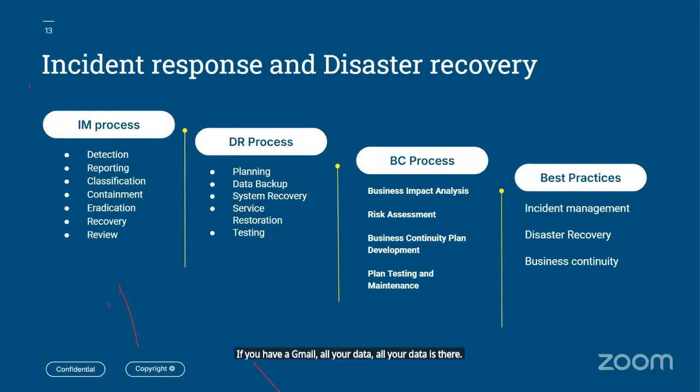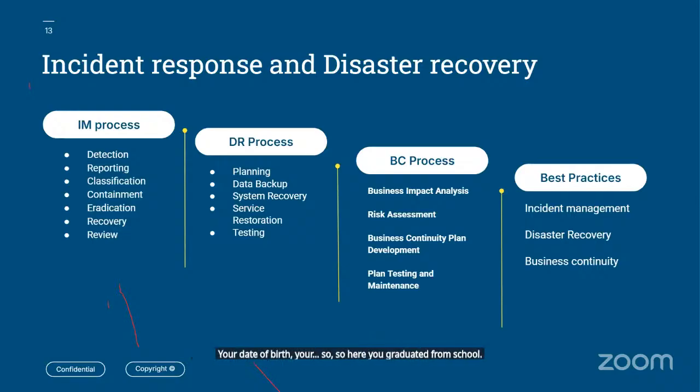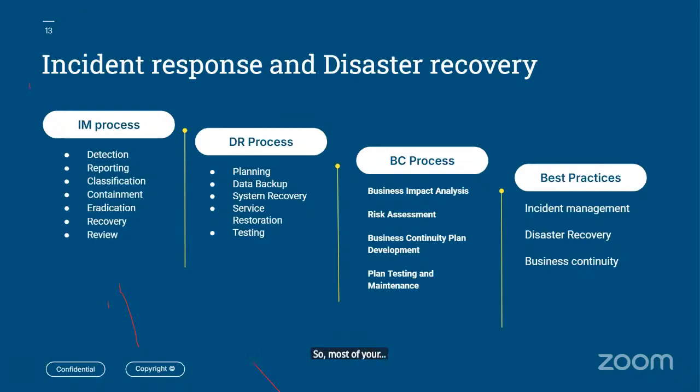You have your full name, your age, your NIN, most of your details online with Google. Your date of birth, the year you graduated from school, and maybe you use your Gmail to apply for your WAEC and for university. So most of your systems are there. Even your details are with Google so far as you have Gmail in their system.